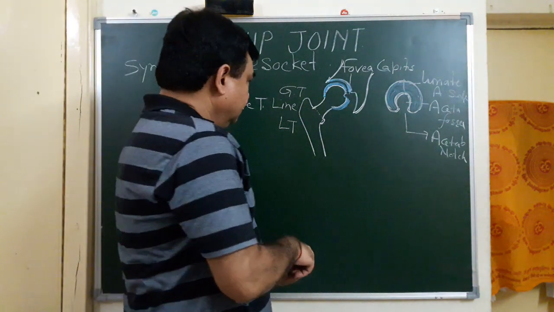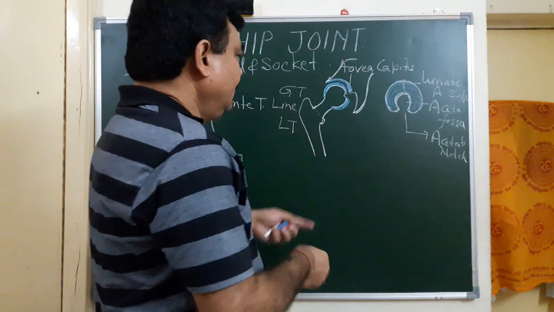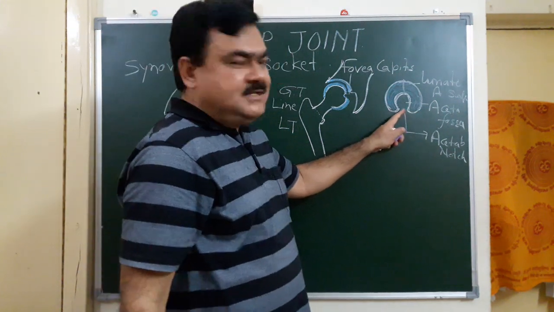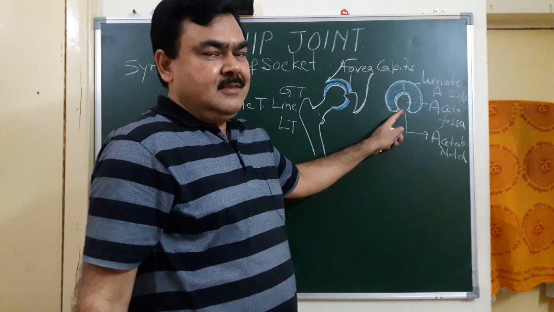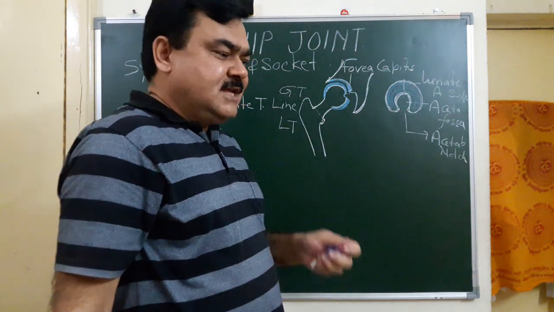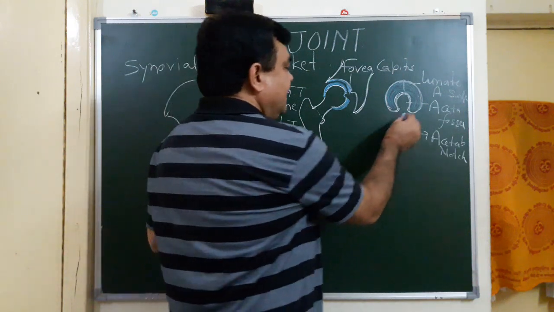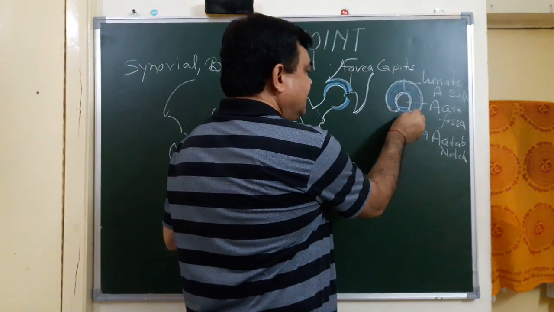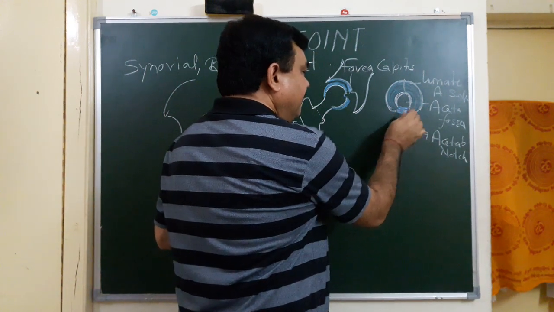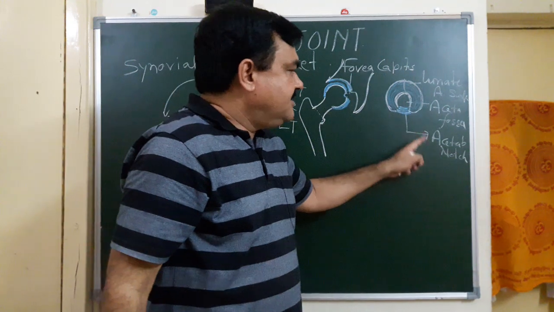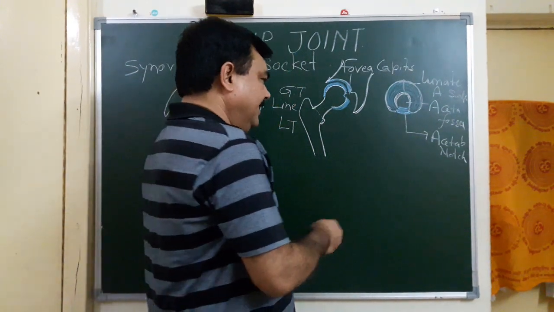Now, another important thing: ligaments related to this joint. First of all, the transverse acetabular ligament. Here you can see the transverse acetabular ligament, which bridges the acetabular notch.